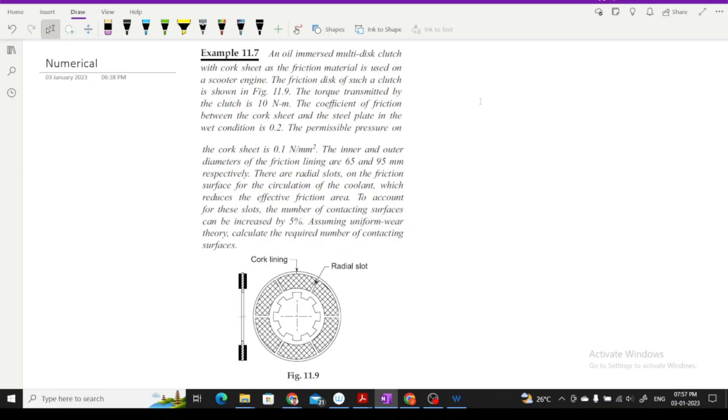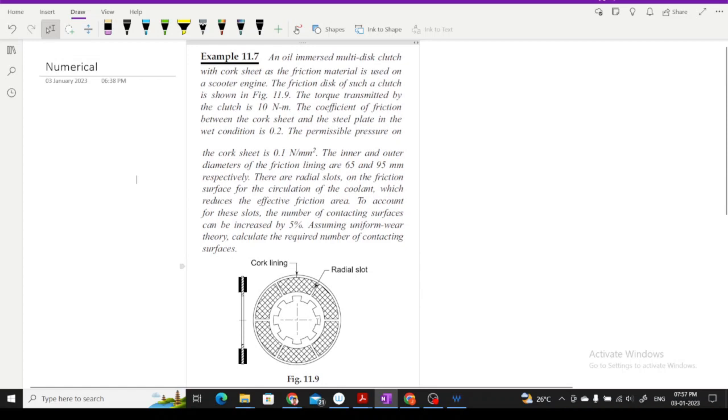There are radial slots on the frictional surface for the circulation of the coolant, which reduces the effective friction area. To account for these slots, the number of contacting surfaces can be increased by 5%. Assuming uniform wear theory, calculate the required number of contacting surfaces.